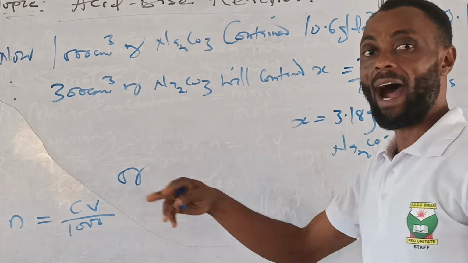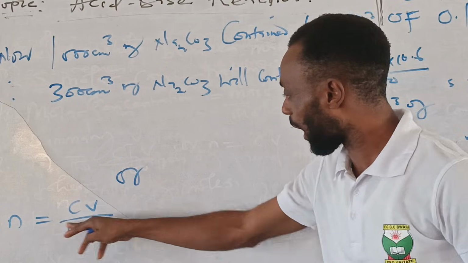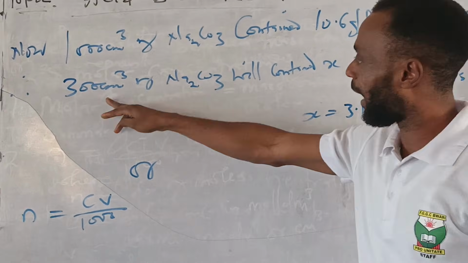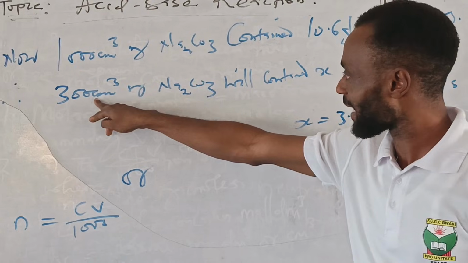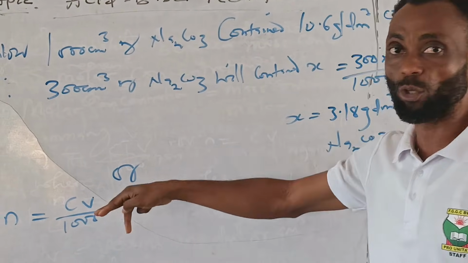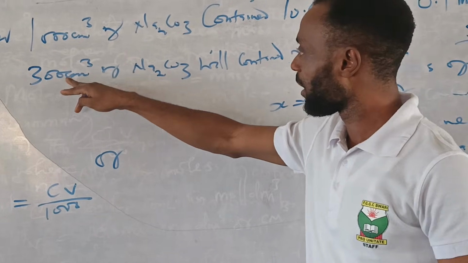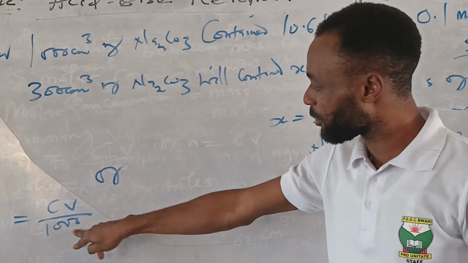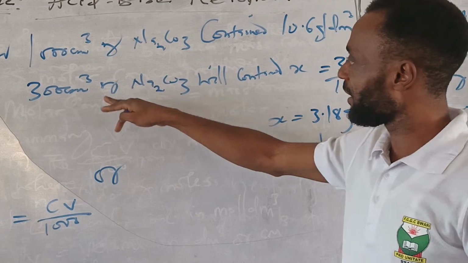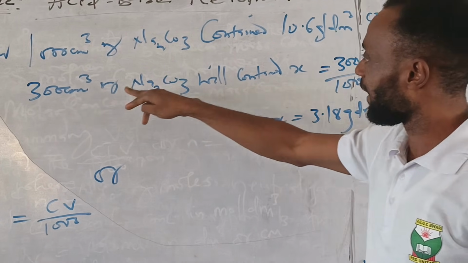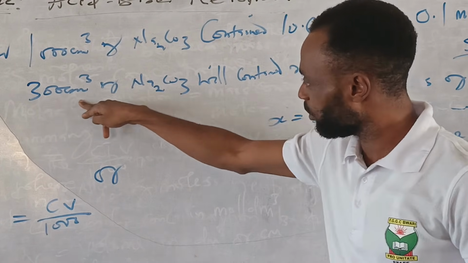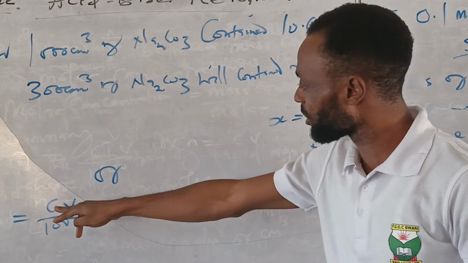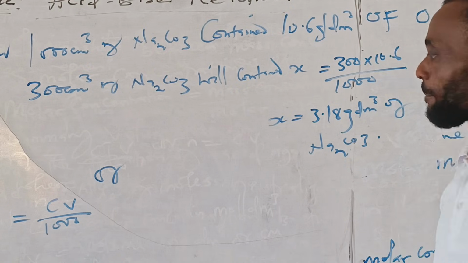But now, I choose to use CV over 1,000 because in the question, we are given an initial volume as 300 cm cube. So you have to take note of the units. If you are using cm cube, you know that you are using this formula. But if the question is not giving you a volume in cm cube, you can use the other formula, which is CV, for the decimeter cube.